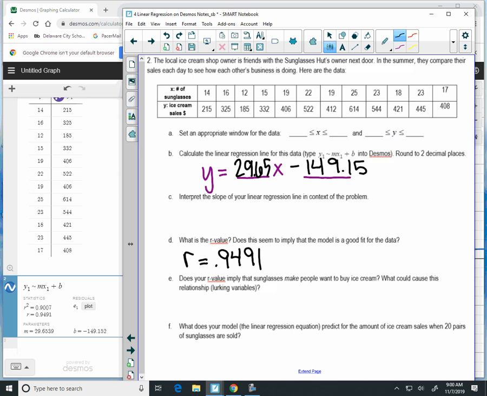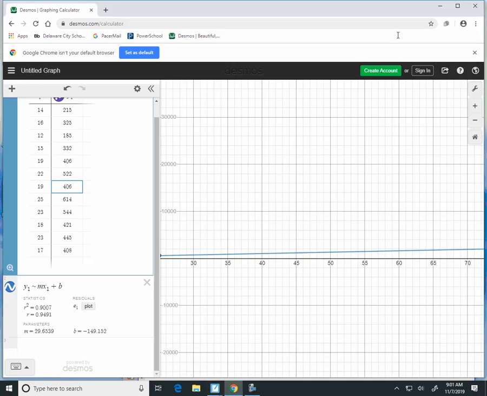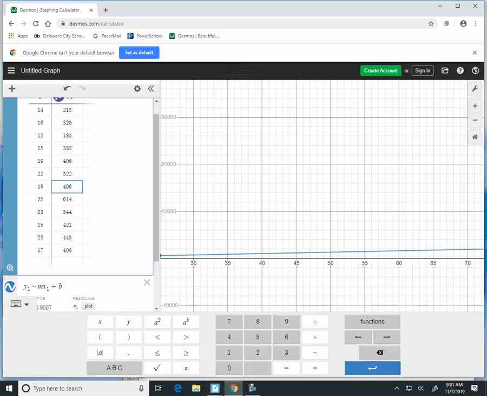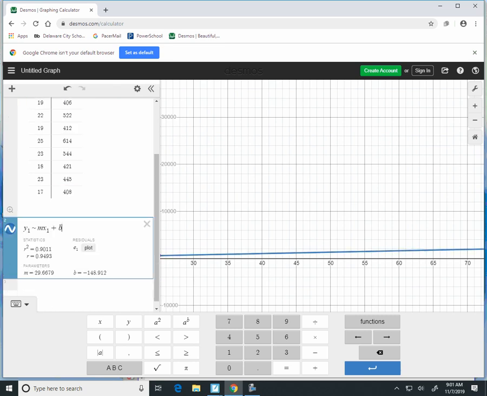Yeah, our data is just a tiny bit off. It might not match up for one. 1456, 365, 1285, 19, 406, 22, 522. Oh! 19, 412 instead of 406. All right. It will recalculate for me right now.